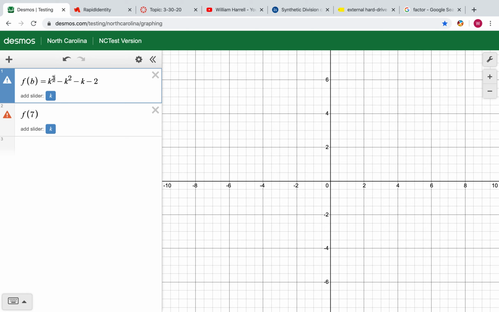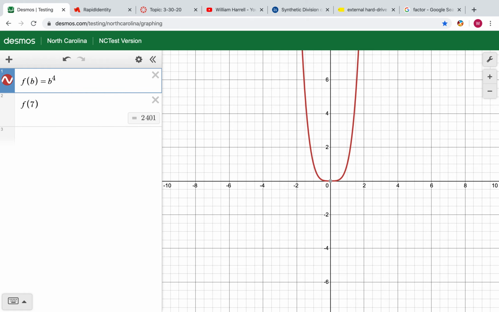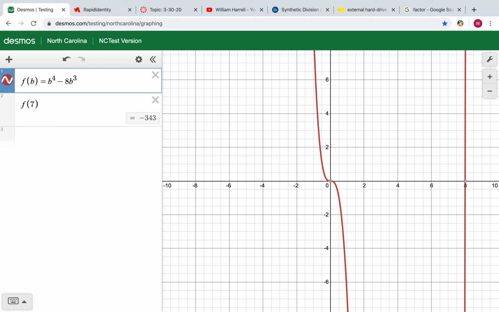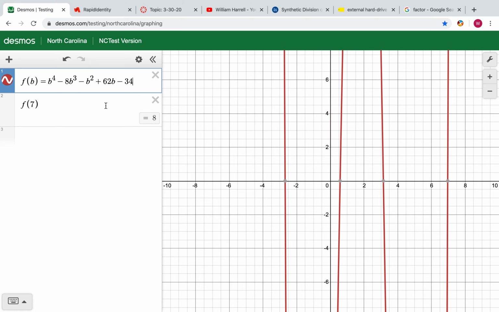I have b to the fourth minus 8b cubed minus b squared plus 62b minus 34. Again, when I evaluate it, I have 8.